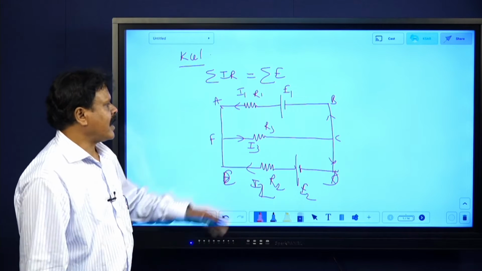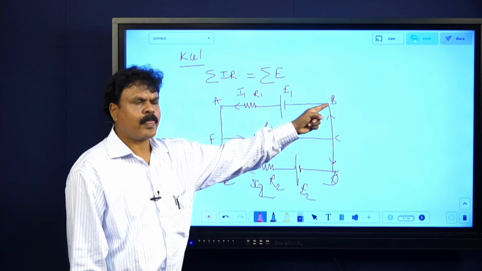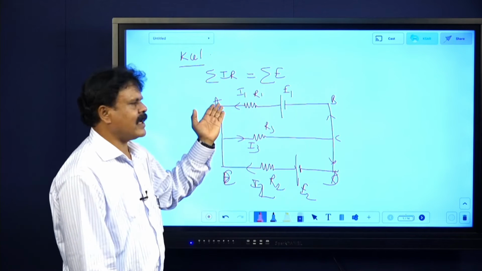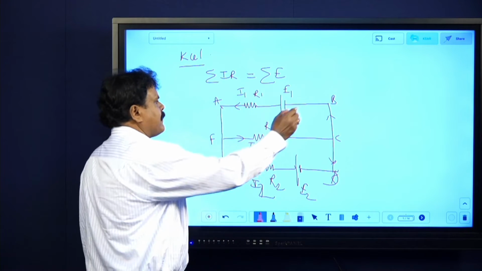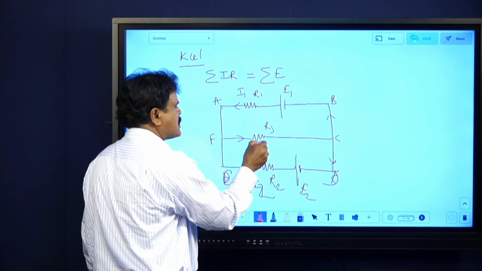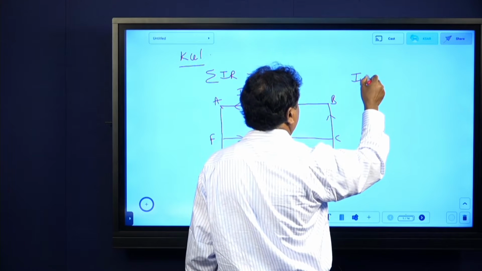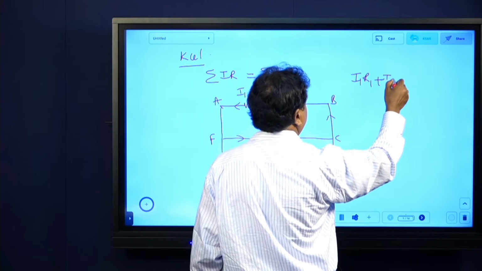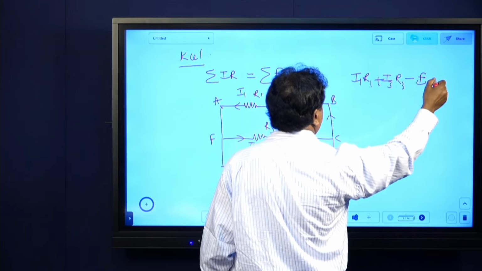Applying KVL to the mesh in any way, BAFCB, or you can call ABCFA, and you can follow in a different way also. If I say BAFCB, I1 R1 plus I3 R3 minus E1 equals 0.